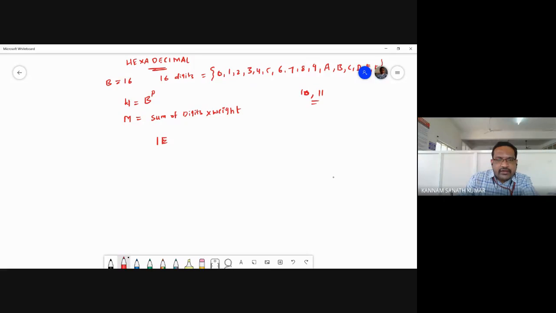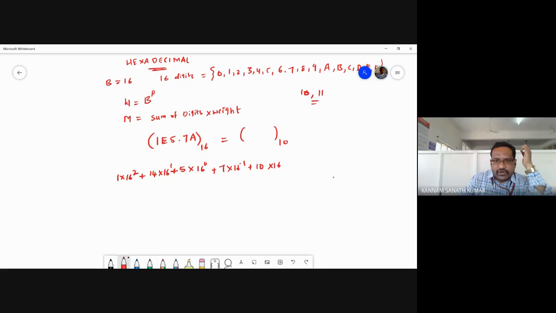Suppose 1E5.7A is there. This is a hexadecimal number. I need to convert it into a decimal number, to the base 10. So what should I do? 5 is a digit into base power position, 16 power 0, plus E, which is 14, into 16 power 1, plus 1 into 16 power 2, plus 7 into 16 power minus 1, plus A, which is 10, into 16 power minus 2.